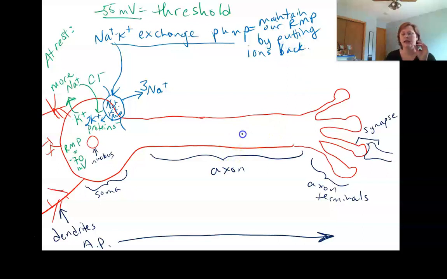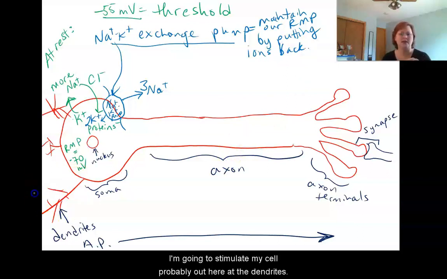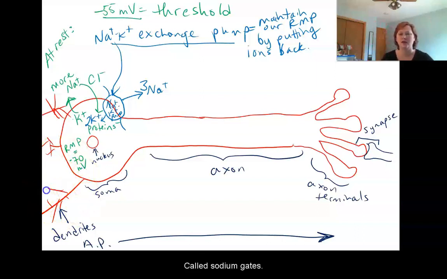Now, if I want this neuron to fire, I'm going to stimulate my cell, probably out here at the dendrites, and I'm going to cause some little doors to open up called sodium gates.